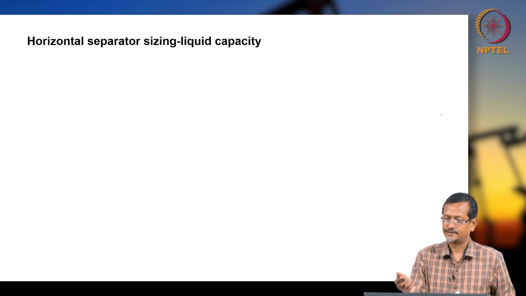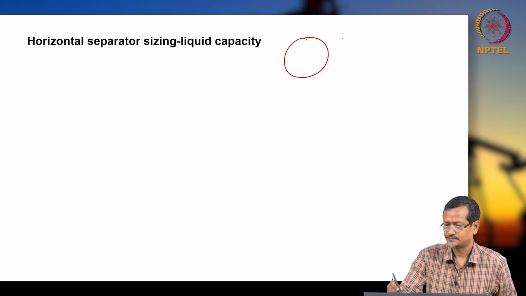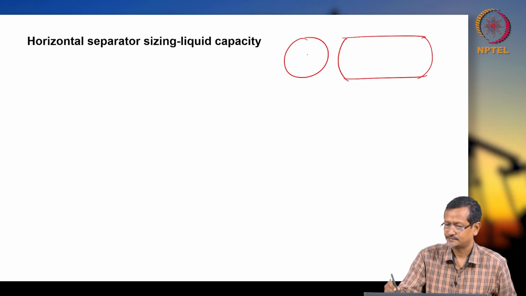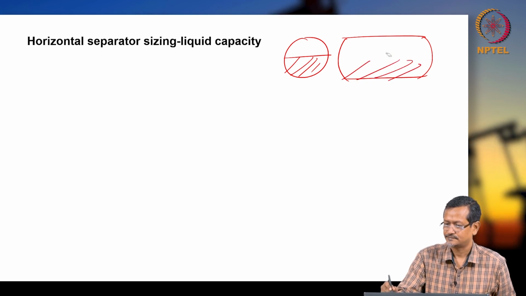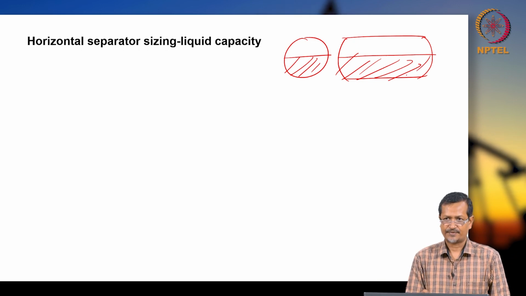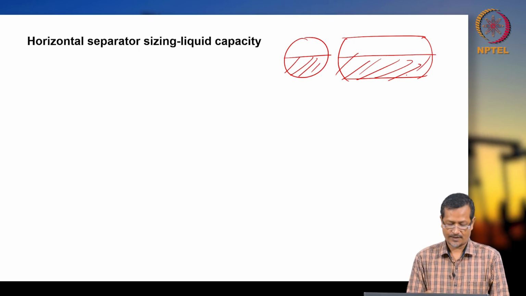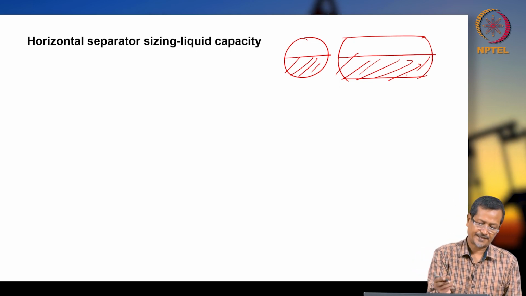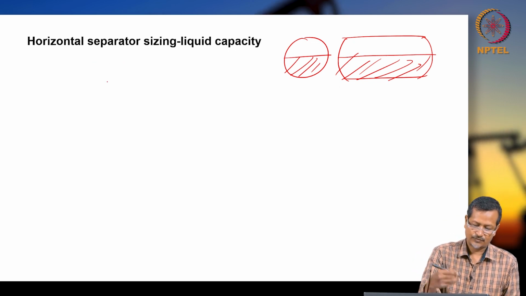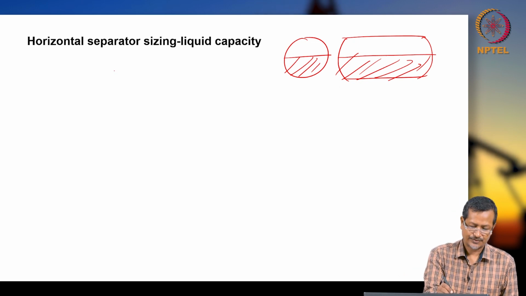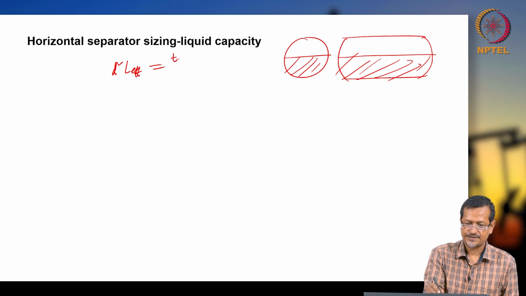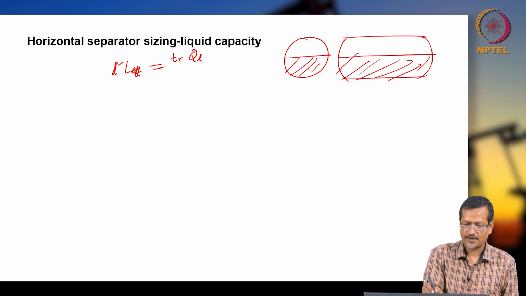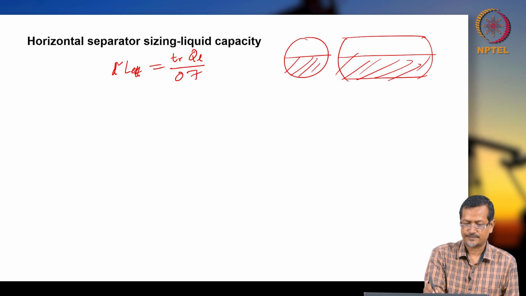Now, okay, so we said 50% gas and 50% liquid is there inside our separator. So retention time will be calculated here, liquid retention time. So here d square L effective length, this is the formula actually, TR QL over 0.7, this is the formula we will derive.